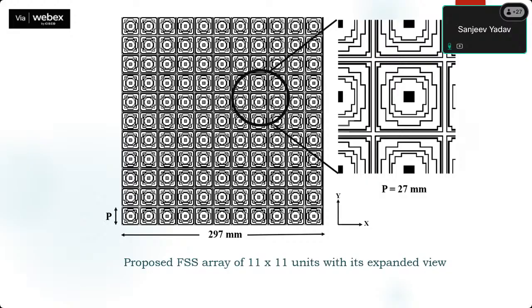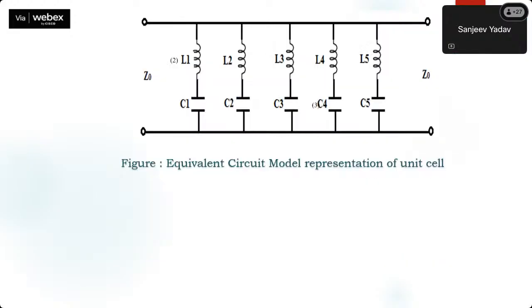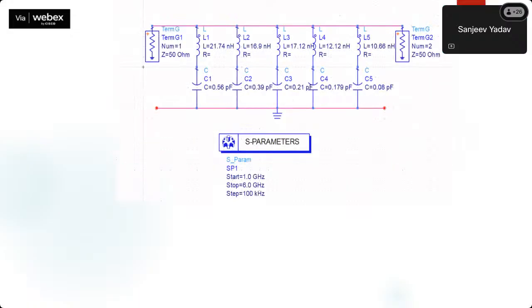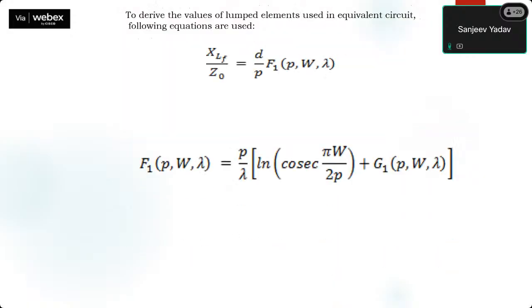And we have made the proposed array of 11 units. The equivalent circuit model for that unit cell is something like this. We have simulated this array in the ADS tool, and we have got our desired results by calculating with those formulas.